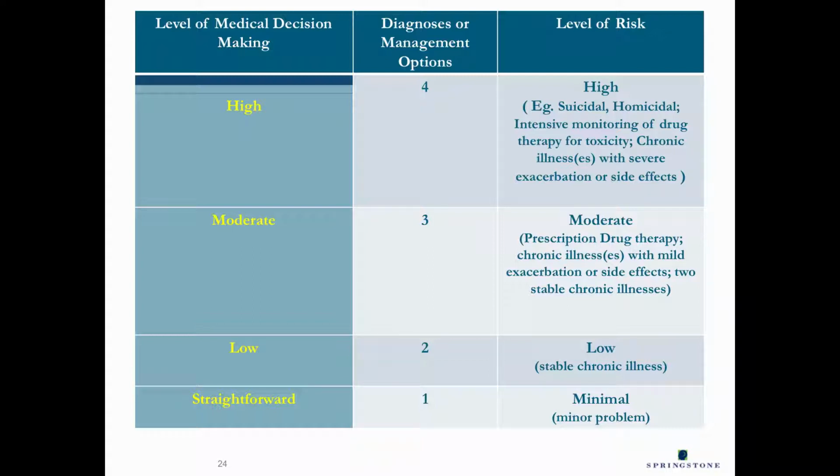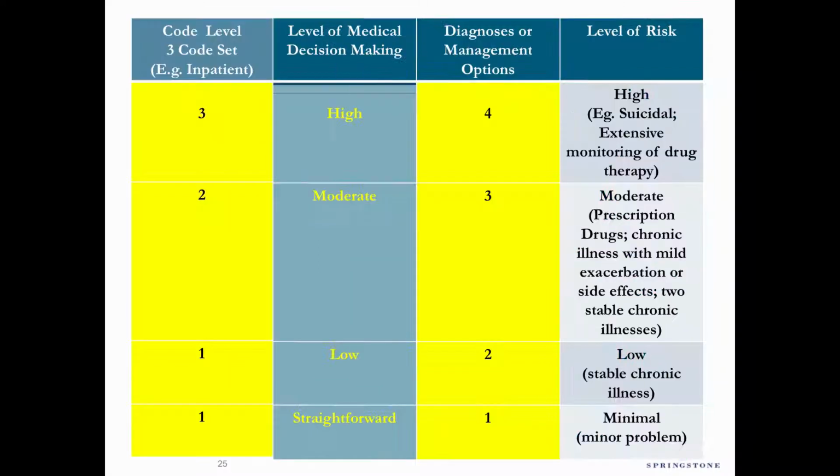If they've been on it for quite a while, it's not really requiring intensive monitoring. So that gives you an idea of what you need for the different levels of medical decision making. So if you don't have the template right in front of you, what's an easy way to remember this?